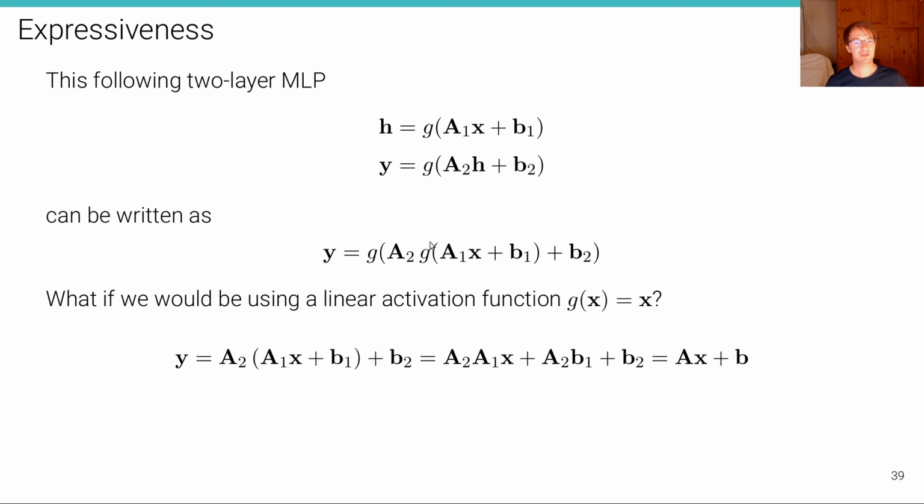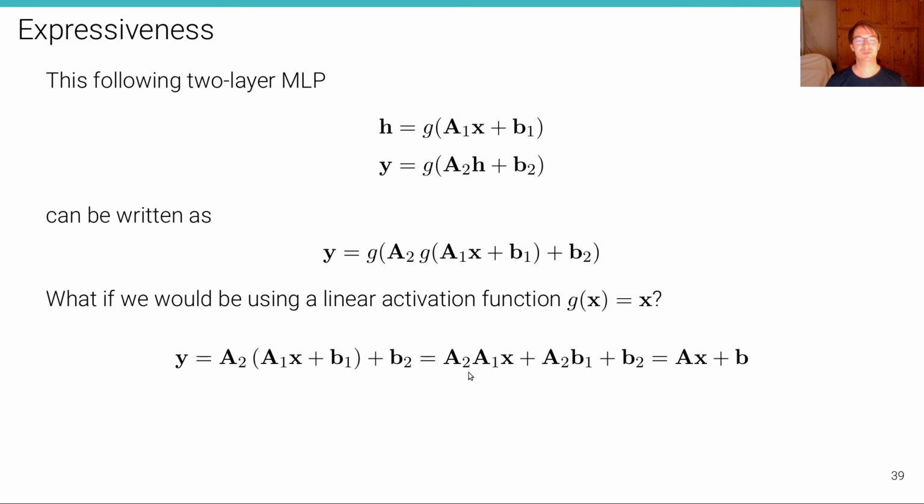So here in this particular example for a 2-layer MLP, this is the equation that I obtain if I'm removing the G, because I'm assuming linearity of the activation. And then I can multiply in A2 here. So I'm getting this expression. And then what I see is, of course, this expression here is just a vector. So I can relabel that vector as B. And this matrix here is just another matrix which I can relabel as matrix A. So I didn't gain anything.